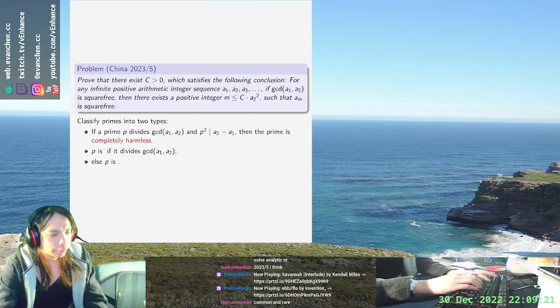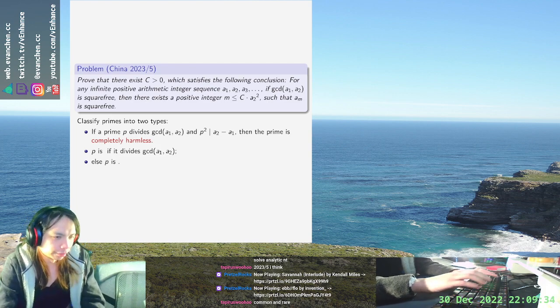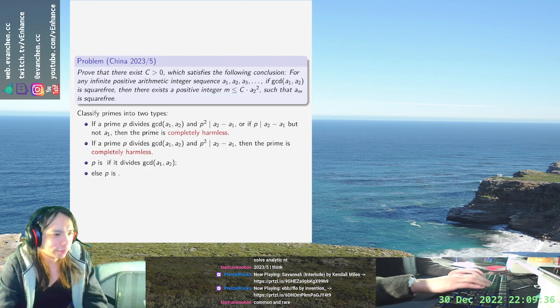And then if a prime P doesn't divide this GCD, or if P divides A2 minus A1, but not A1, or the GCD, or whatever you want to call it, the prime's completely harmless. And if P doesn't divide the common difference, then it's mostly harmless.